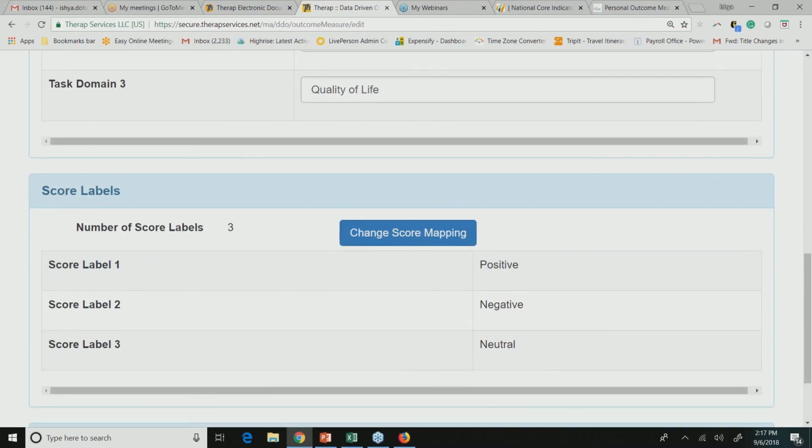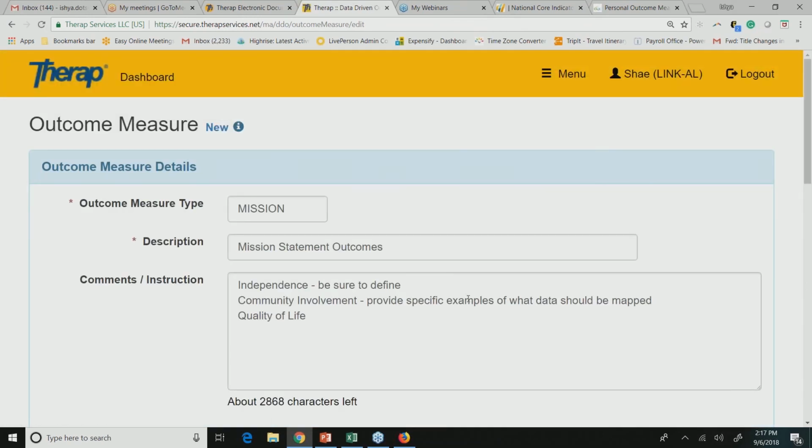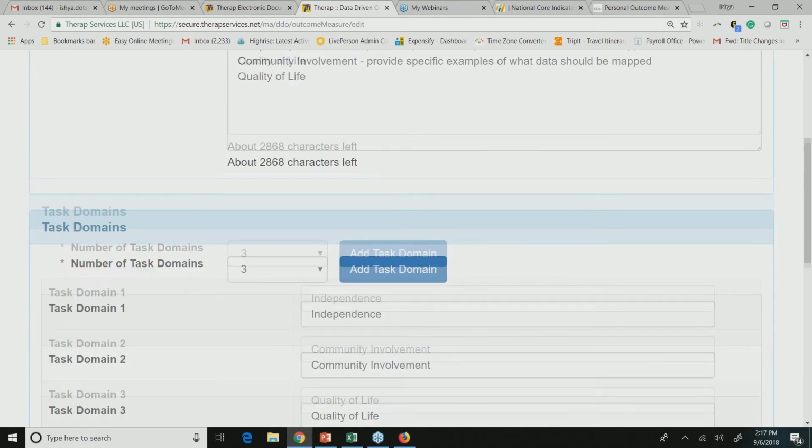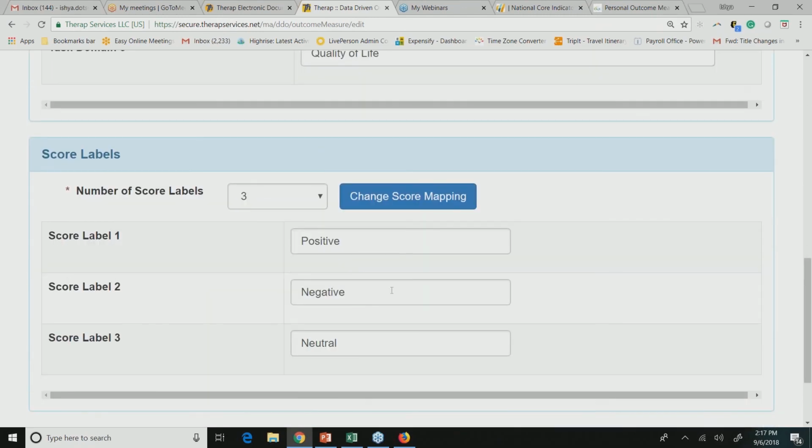And so I could either go with what is defaulted within the Therap system and say that I want those values to equal positive, negative, or neutral, or I could decide that I want more variety or I want to change it. And if I want to change it, maybe for these particular things, I just want to know that the outcome is present. So I could come in and say outcome present, partially present, or not present, depending on what I'm looking for.